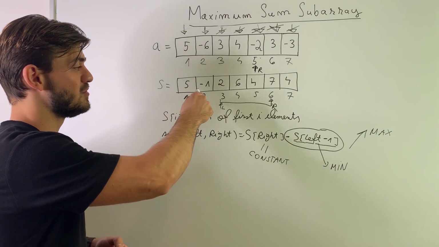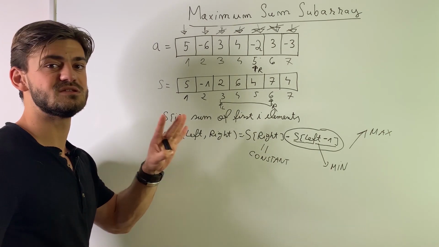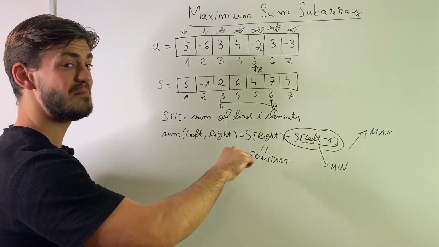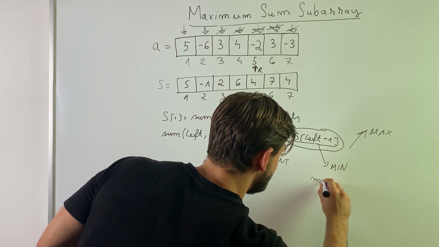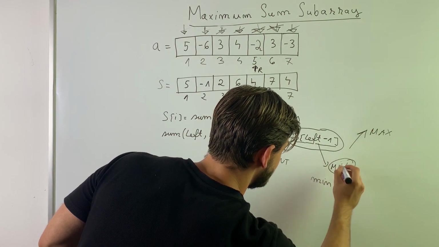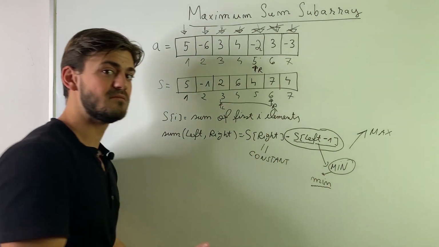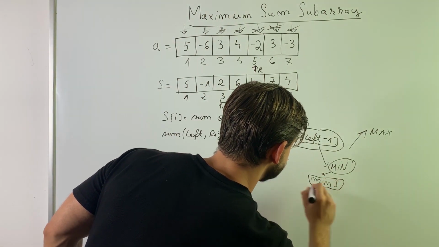When you loop through the right pointer, when you are at some right pointer, first things first, you update the solution. So you're going to have s_right minus that min, alright? So this minimum that I now want is gonna be in my variable min. Let's call it min or min sum, something like this, min_s. Okay?